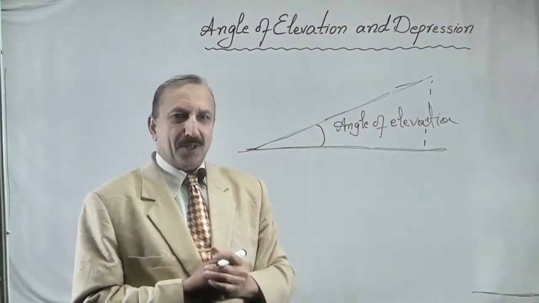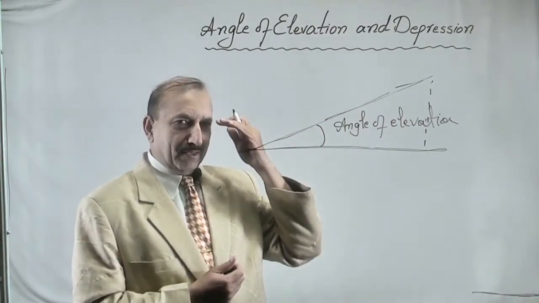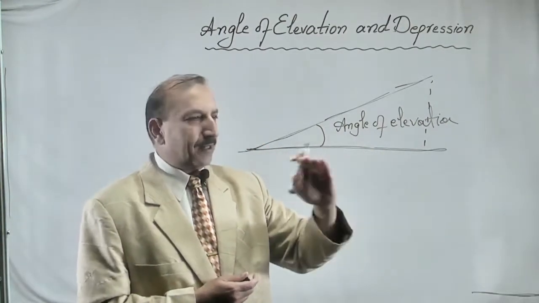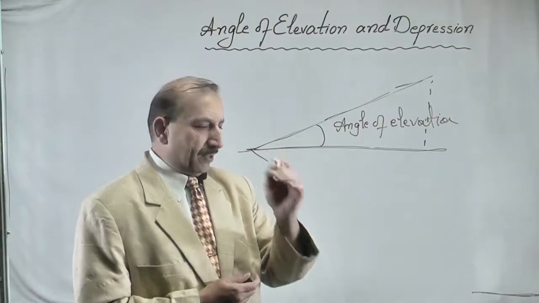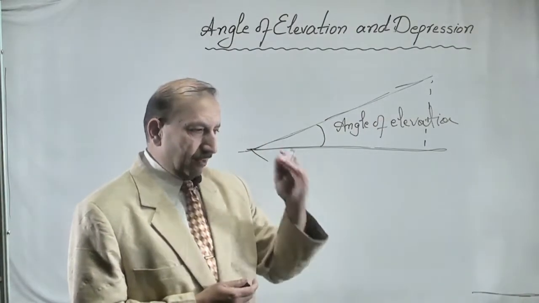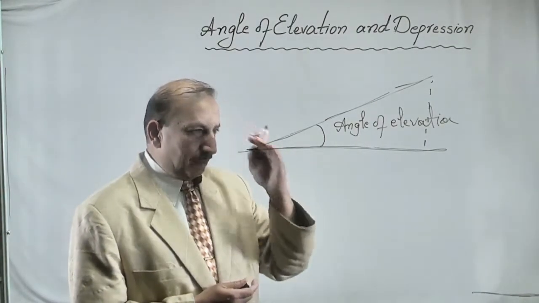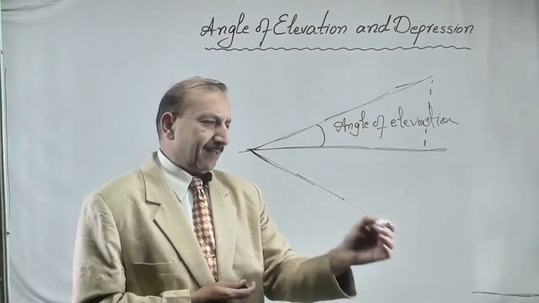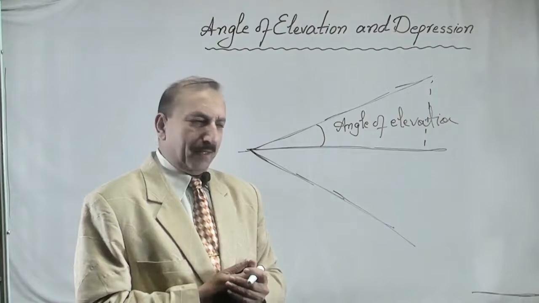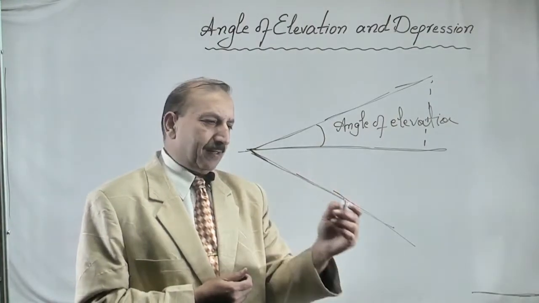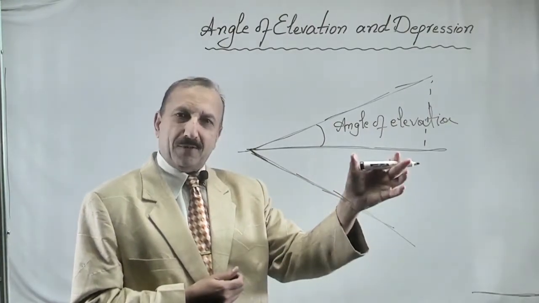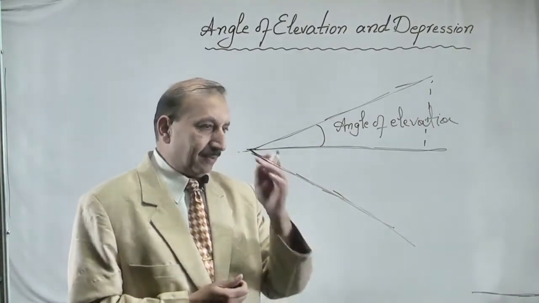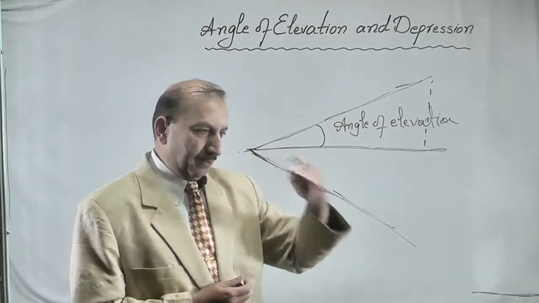And if the line of my eyesight is below this horizontal level, I'm looking down, the line of sight of my eyes is below this horizontal line. It's sort of like this. If this line of sight is below the horizontal level, it's moving something like this. My level is now down.